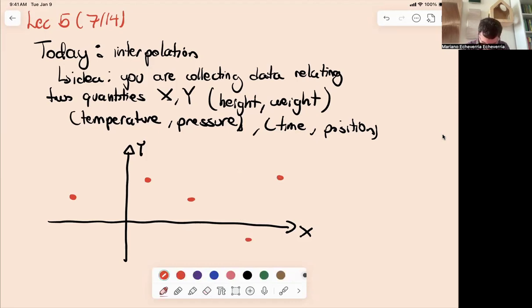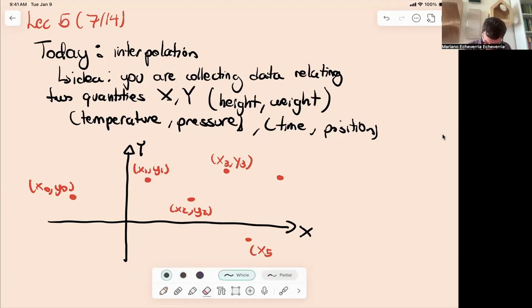I guess 6 points. So this could correspond to the values for the first measurement, the second measurement, third measurement, fourth one, fifth one and sixth one.